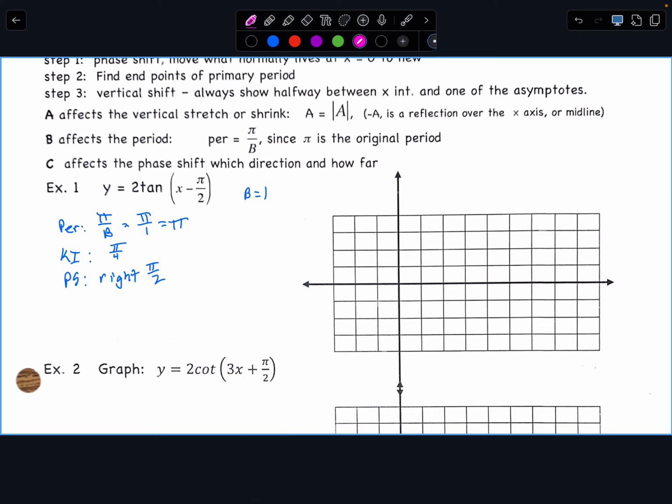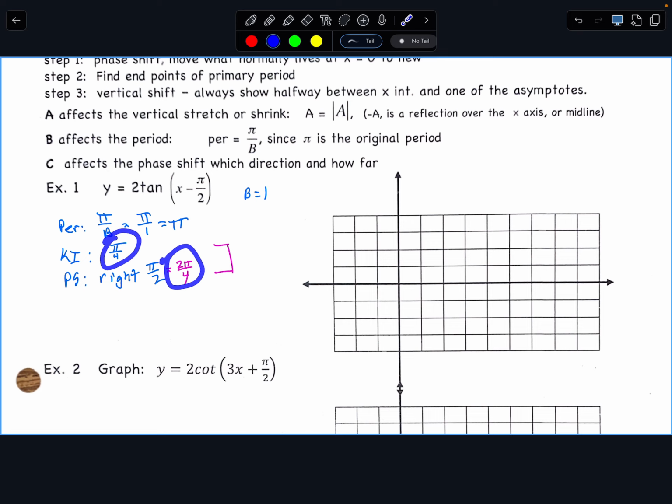And then, as we did in sine and cosine, for the key increment and the phase shift, you want a common denominator. We would want to switch the phase shift to be 2 pi/4 so that they have a common denominator. And that means that we want to grid this out by that smallest common unit, which is pi fourths.